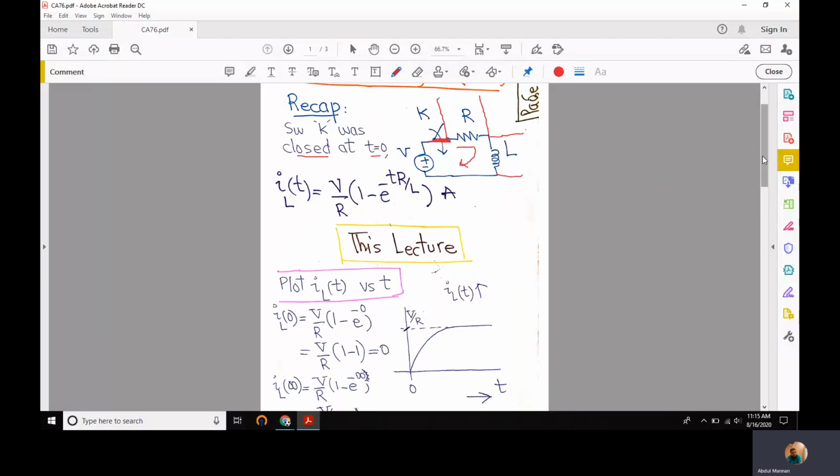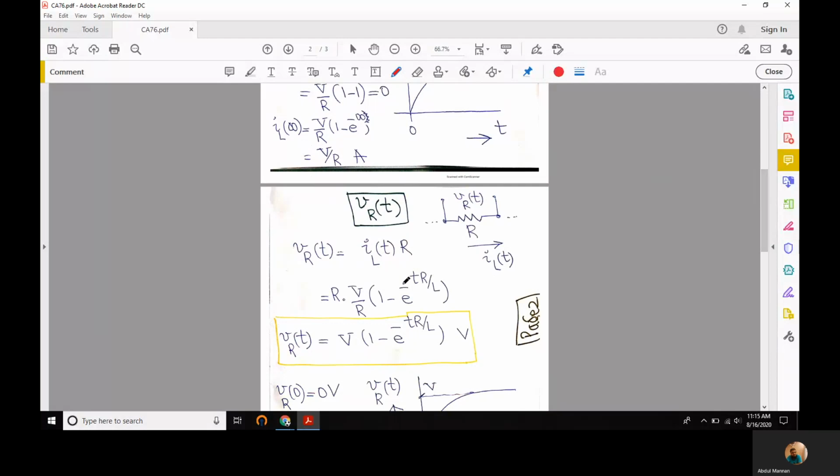We just have to multiply I sub L of t, which we computed in the last lecture, with R, according to Ohm's law. We put the value of I sub L of t here, multiply it with R, and it comes out to be V times 1 minus e to the minus t times R over L.